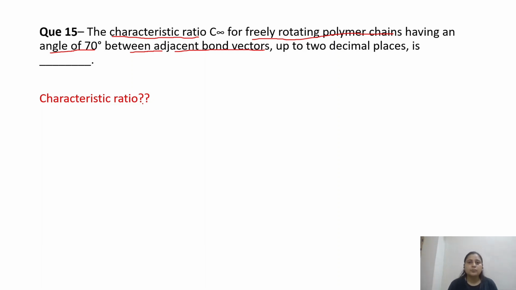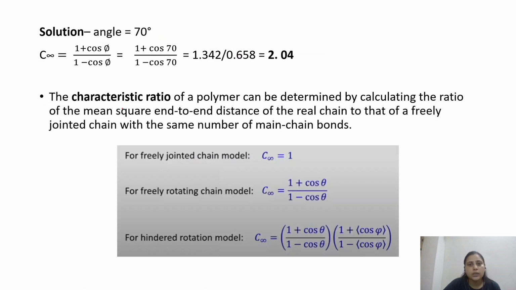We need to calculate the characteristic ratio. So what is the characteristic ratio? The first question that arises is this. The characteristic ratio, for a polymeric chain, is the ratio of the mean square end-to-end distance of the real chain to that of a freely jointed chain with the same number of main chain bonds.